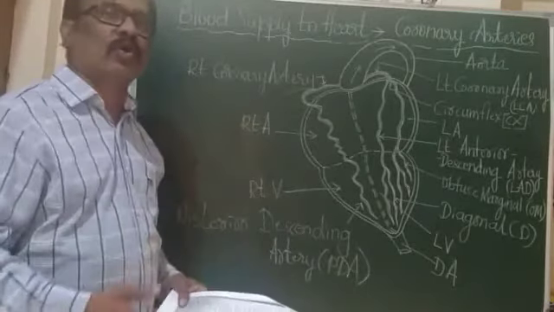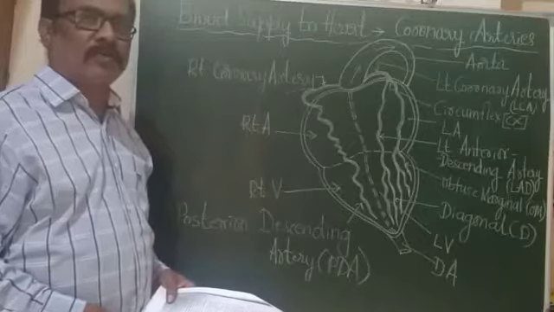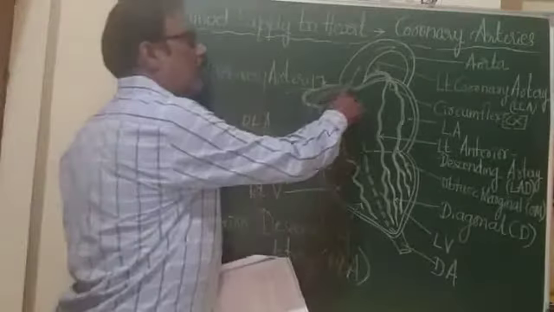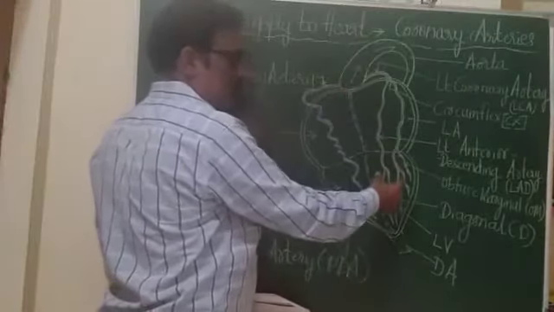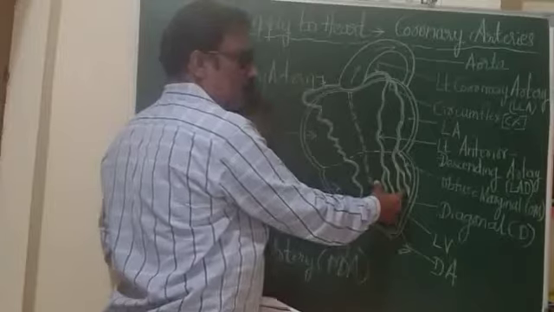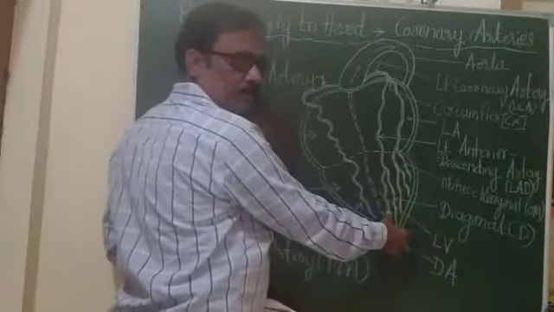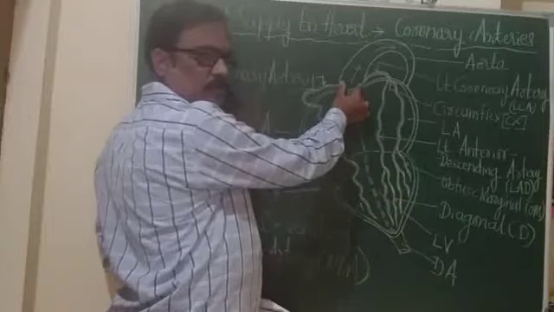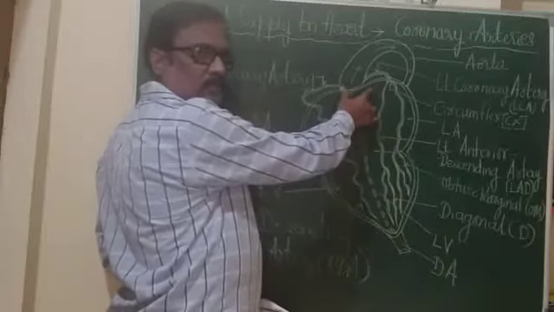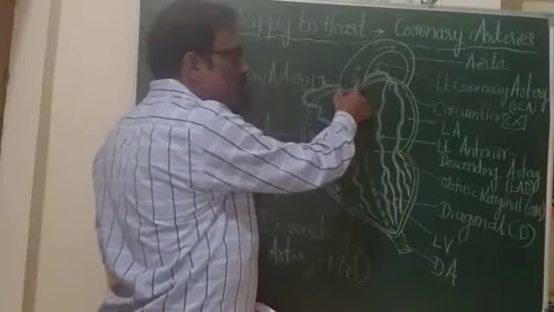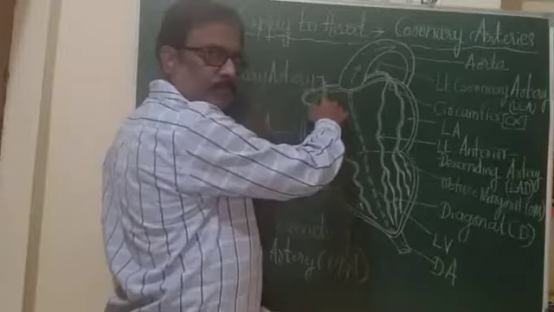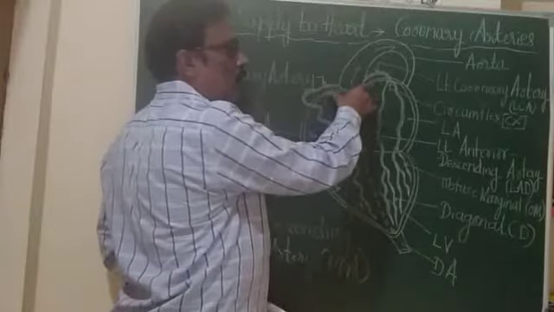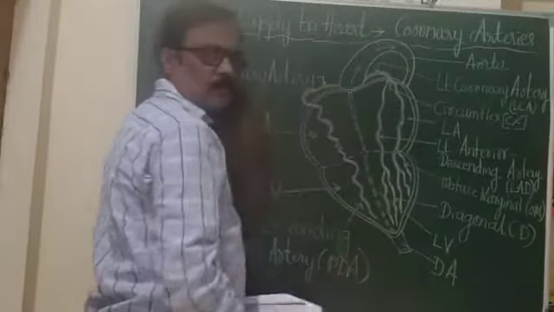And what are those two coronary arteries? The aorta, which arises from the left ventricle, after its emergence from the heart, gives rise to two branches, and those two branches are coronary arteries.